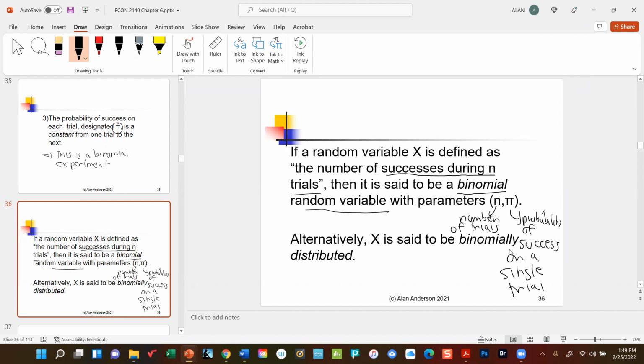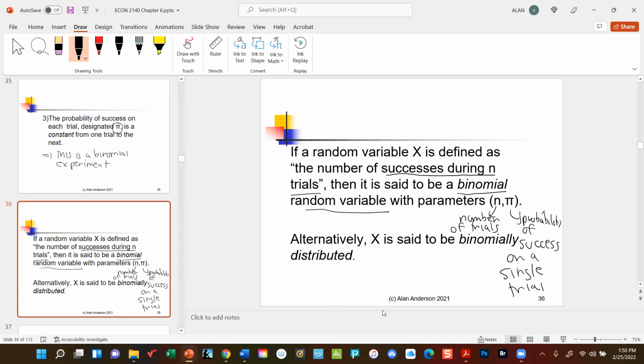Okay, so X is now officially considered a binomial random variable, which means it has special properties, which we can take advantage of. In other words, it'll make it possible for us to have relatively straightforward formulas in order to calculate the probabilities that we need.